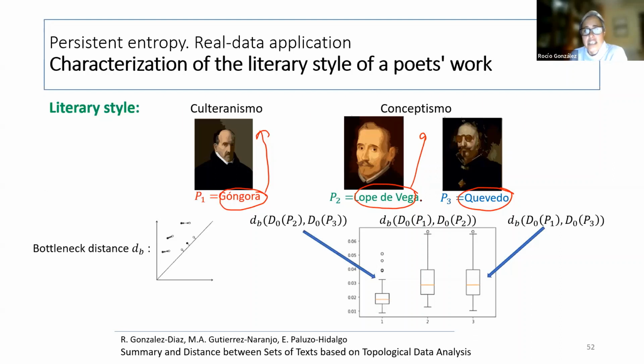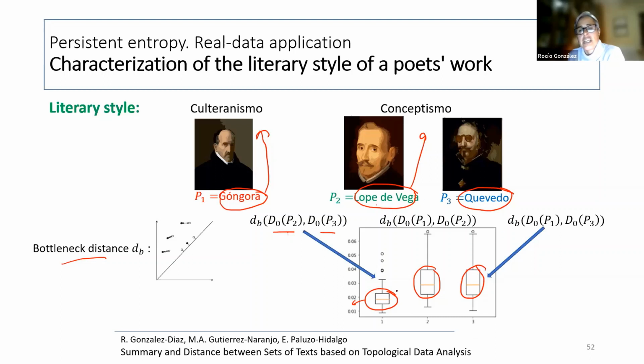And the answer is yes, because if we compute the bottleneck distance between the persistence diagrams of poems belonging to different poets, we obtain that the bottleneck distance between the poems of Lope de Vega and Quevedo is very small, compared to the bottleneck distance between Góngora and Lope de Vega, and between Góngora and Quevedo.